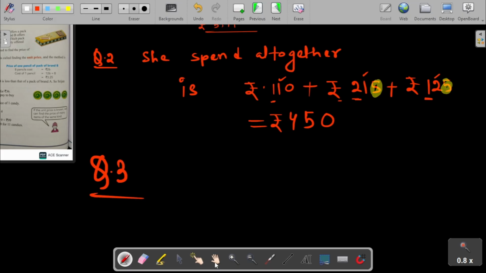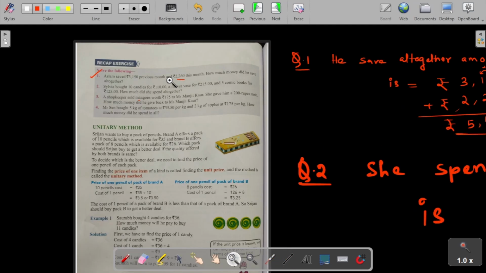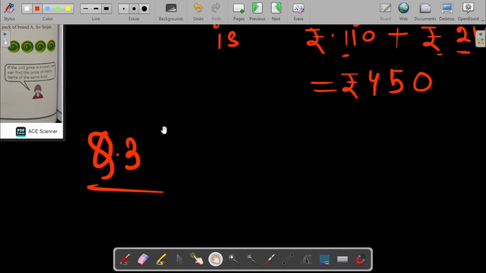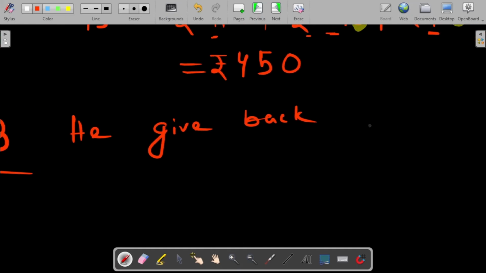Question number 3. So the answer of question number 3, how much money did he give back? So the answer is, he gave back to Manjit Kaur rupees 200 total.